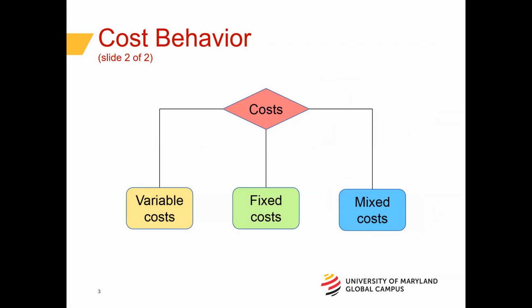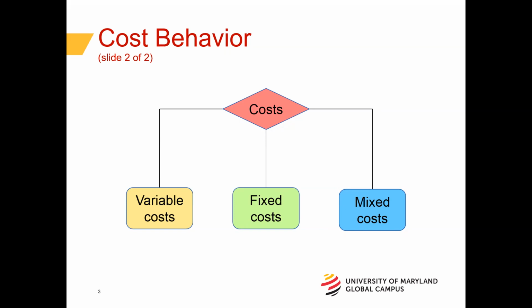So cost behavior. As we talk about variable cost, fixed cost, and mixed cost, let's take it back a little bit and identify what we talked about last week. When we look at what makes a product cost, we know that a total product cost comes from direct materials, direct labor, and factory overhead.